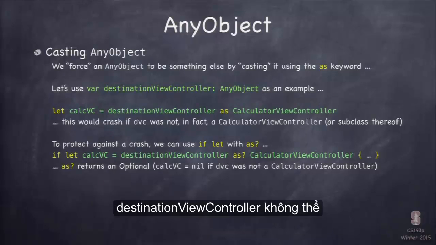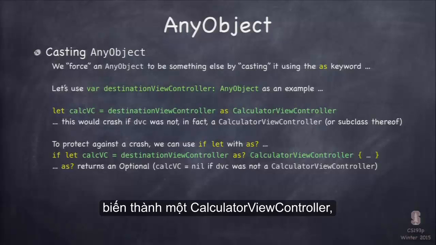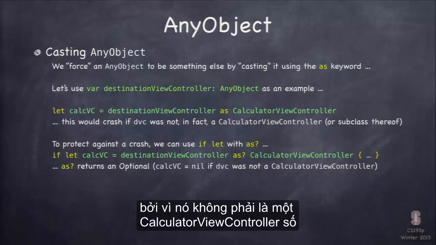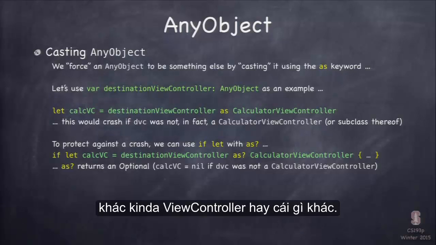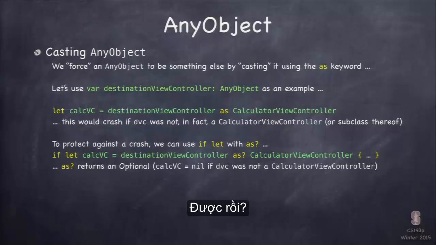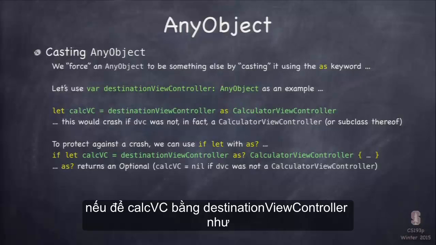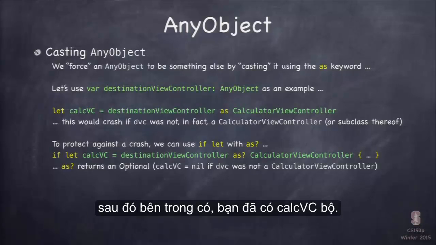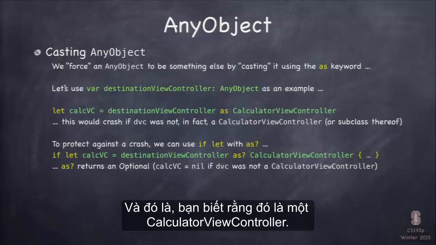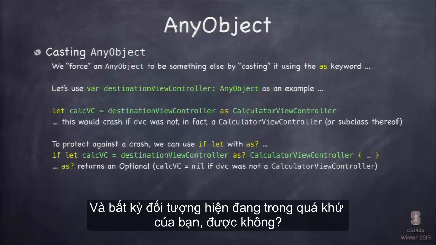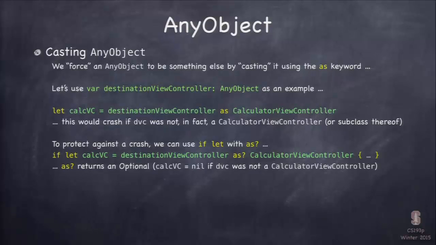So we can return nil if that any object, destination view controller, cannot be turned into a calculator view controller because it's not a calculator view controller. It's some other kind of view controller or something else, all right? And so you can say if let calc VC equals destination view controller as question mark calculator view controller, and then inside there you've got calc VC set, and you know that it's a calculator view controller, and any object is now in your past. Okay? Make sense?